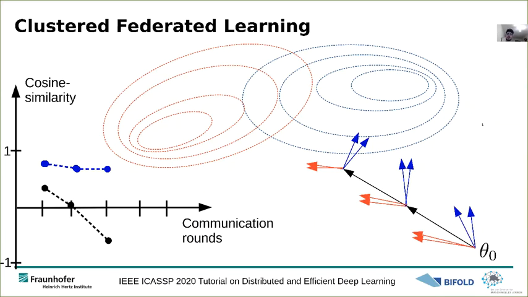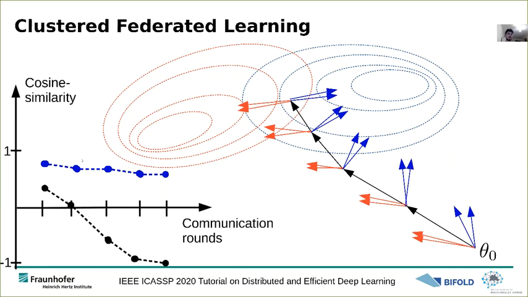And as you will see, as we perform more and more steps, we get to an equilibrium point where the parameter updates from the blue clients and the parameter updates from the red clients point in exactly opposite directions.